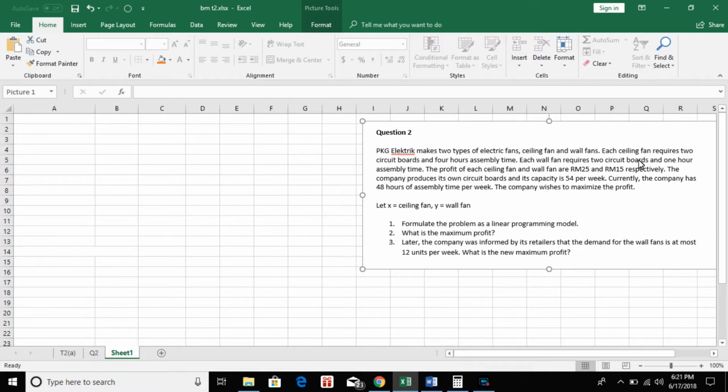So from this we can take our constraints, our decision variables, and we also know that our objective function is to maximize the profit. Let x equal ceiling fan and y equal wall fan. So what is the requirement? For the first part, formulate the problem as a linear programming model.